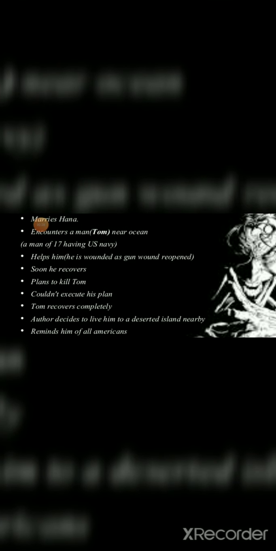He helps him, as his gunshot wound reopens. Soon he recovers. Sadao plans to kill Tom but couldn't execute his plan. Tom recovers completely. The author decides to leave him on a deserted island nearby. It reminds him of all Americans. So these are some points which we will be discussing during the reading.